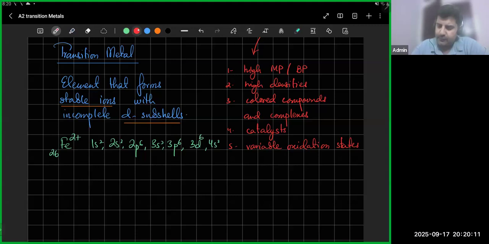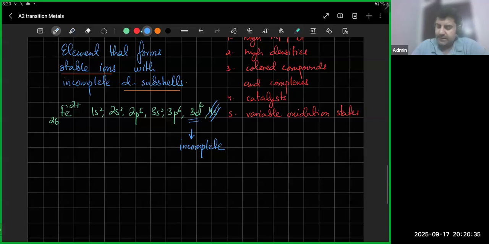Now, when it forms a 2 plus, remember the electrons are lost from the outermost shell. So these electrons are gone. The iron ion is a stable ion and it has an incomplete d subshell. This is incomplete. So that means iron can technically be classified as a transition metal.